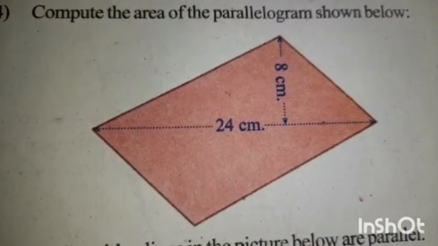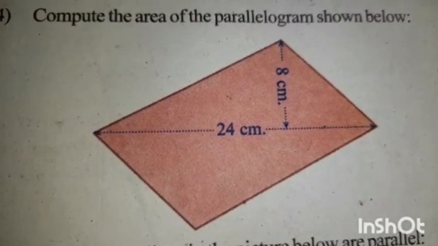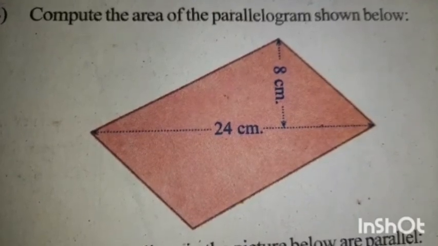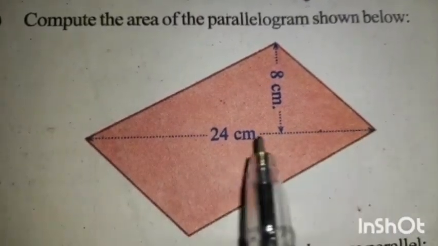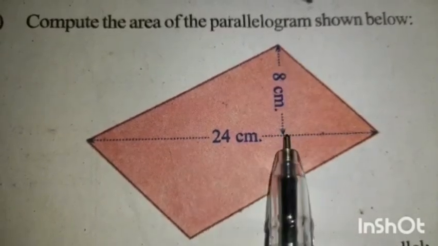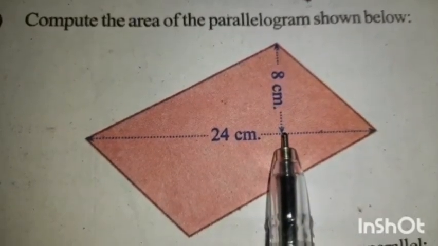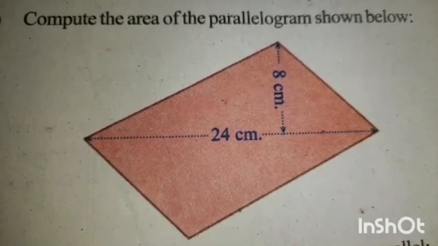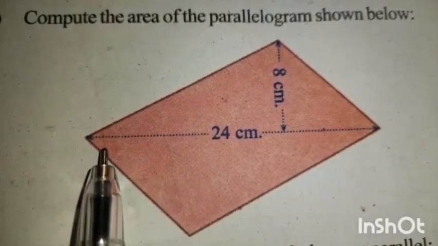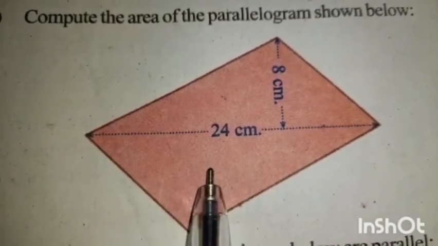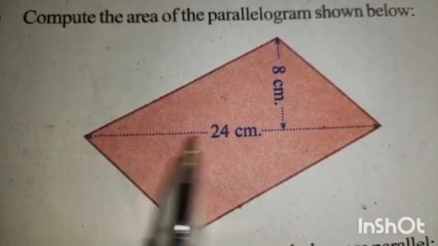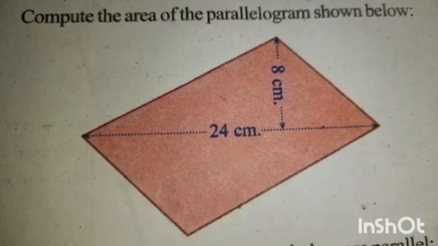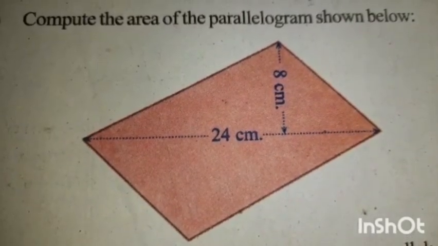Compute the area of the parallelogram shown below. So here the distance between the opposite corners is given as 24 and the height is given as 8 centimeter. So the area of parallelogram is twice the area of the triangle got by drawing a diagonal in the parallelogram. We consider this as a diagonal.